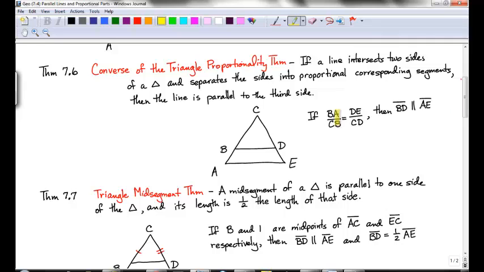So if you get your triangle and BA is to CB as DE is to CD, another way to say that is AB is congruent to DE, and CB is congruent, and they're in proportion. Then that's telling you this line is parallel to this line. They are the converse of the original one.